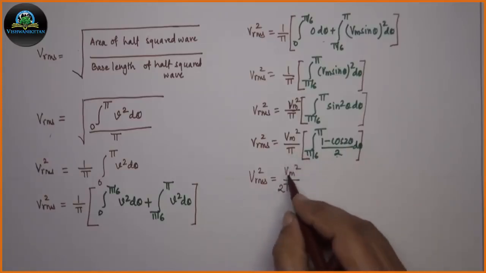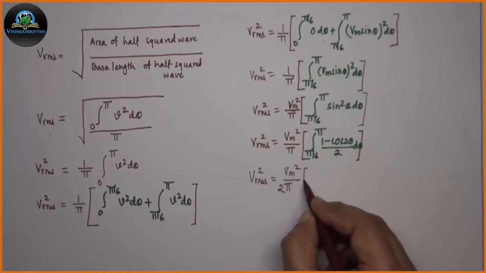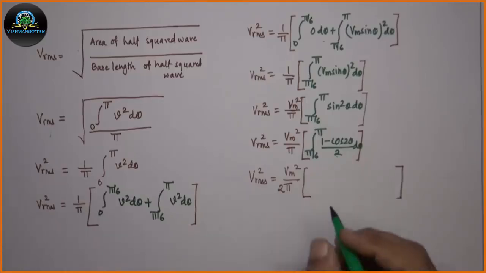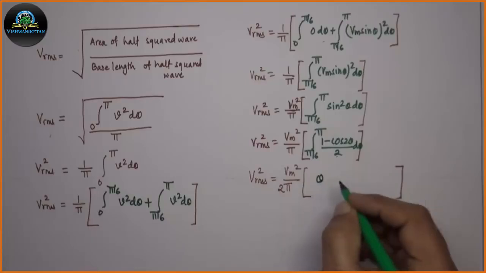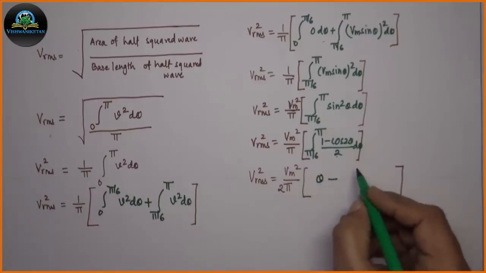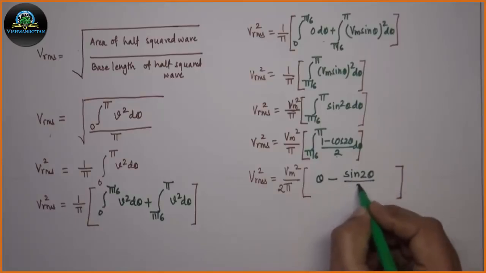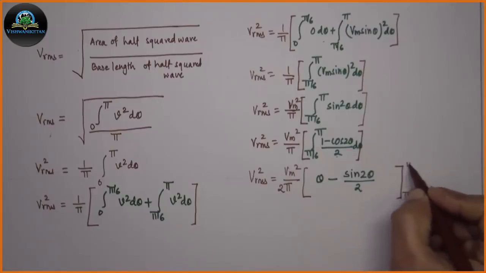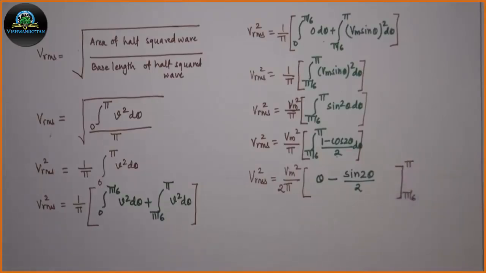So take 2 outside, Vm square by 2 pi. Then let us write down the integration of 1 minus cos 2 theta. Integration of 1 is theta minus integration of cos 2 theta is sin 2 theta divided by 2. Intervals pi by 6 to pi.